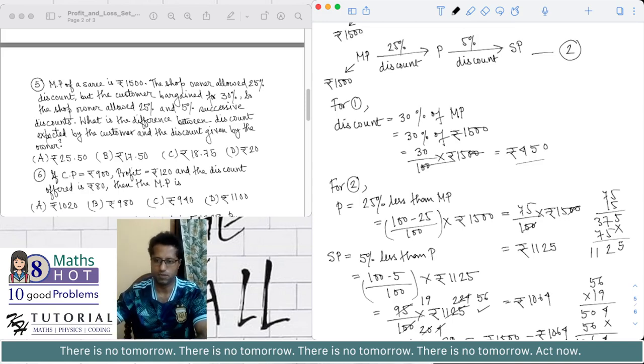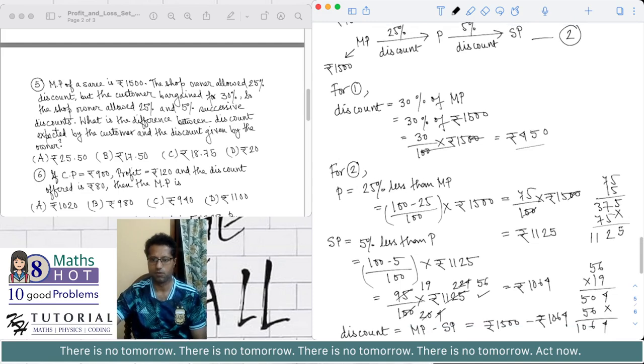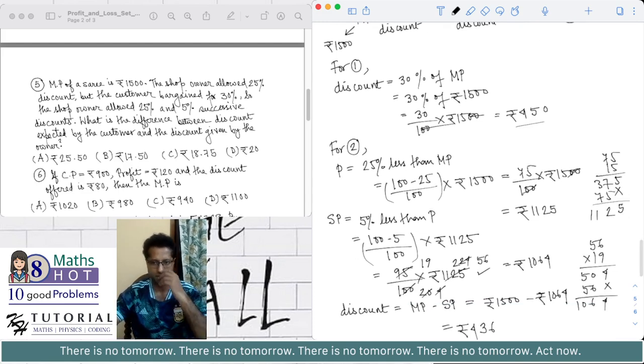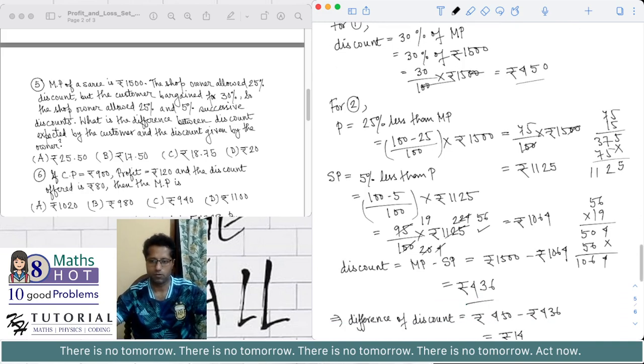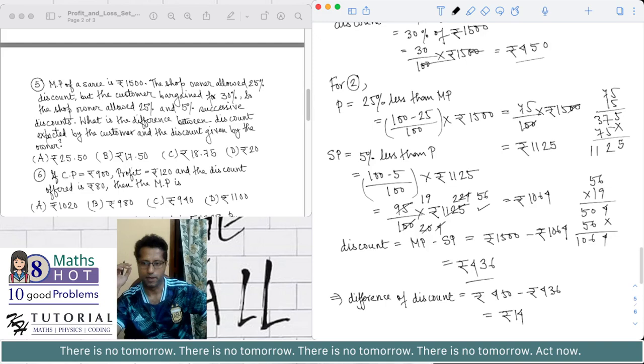Okay, so P is 1125. Now, based on P, there is again a 5% discount that will give the final selling price. So selling price will be equal to 5% less than P, which is 100 minus 5 by 100 multiplied by P, which is 1125. This is equal to 95 by 100 multiplied by 1125.